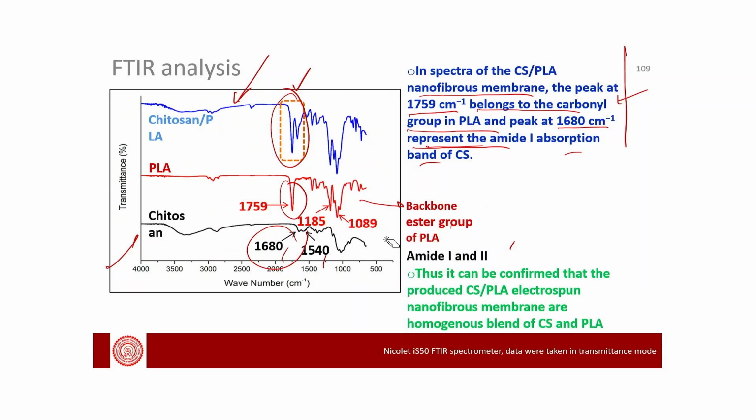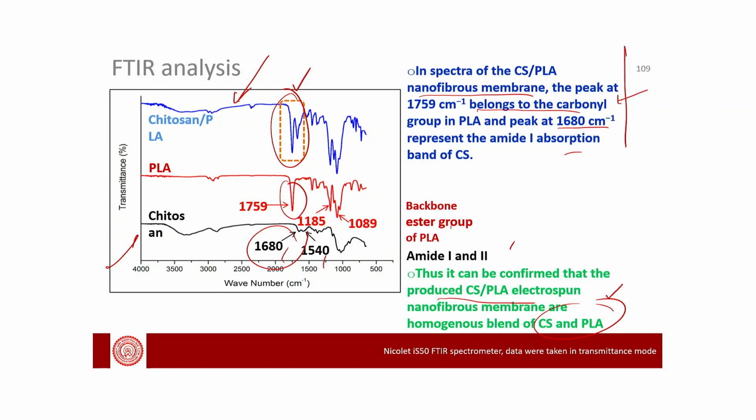From this FTIR, we have confirmed that the produced chitosan and PLA nanofibrous web is a homogeneous blend of chitosan and PLA. Whatever the proportion we have given, it is a homogeneous blend.